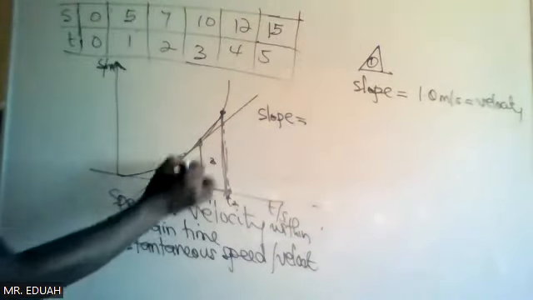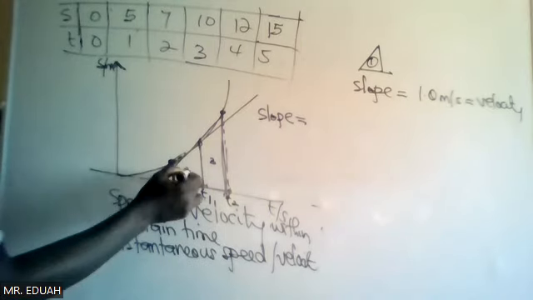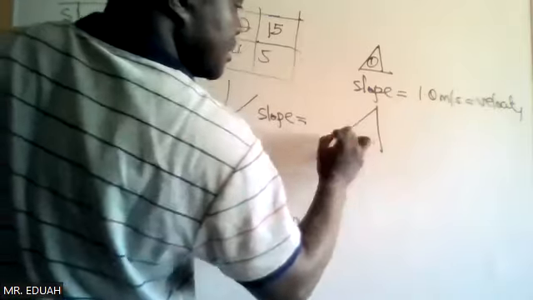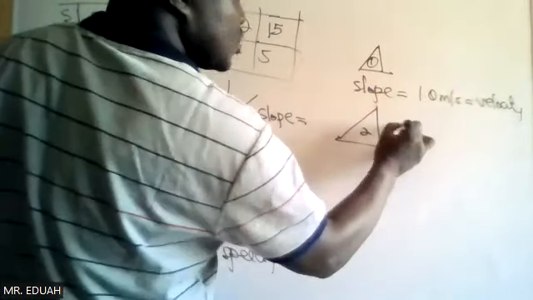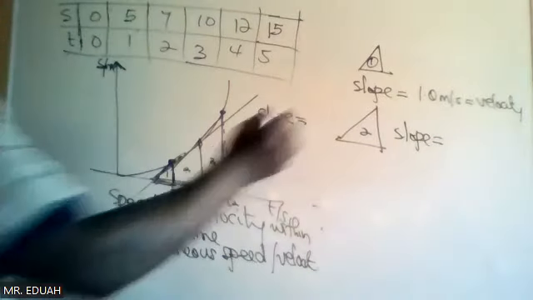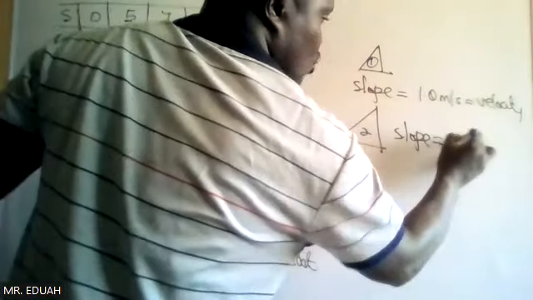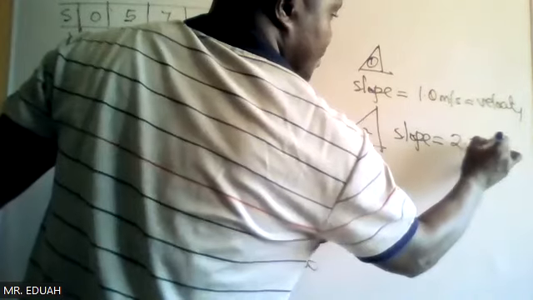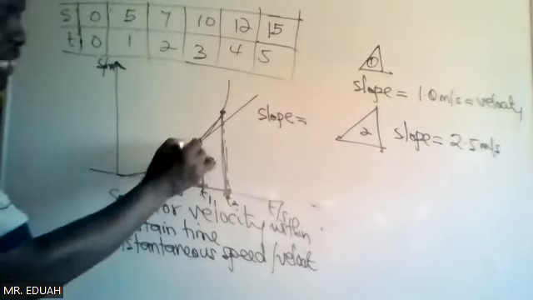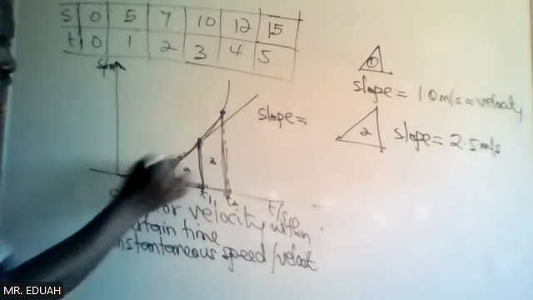The larger triangle 2 can also give us a slope, which can be, I'm assuming figures, maybe 2.5 meters per second, which is also the velocity or the speed for this larger triangle.